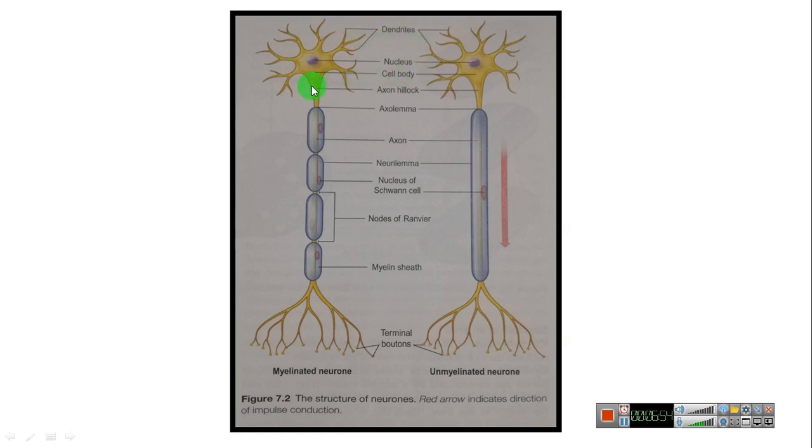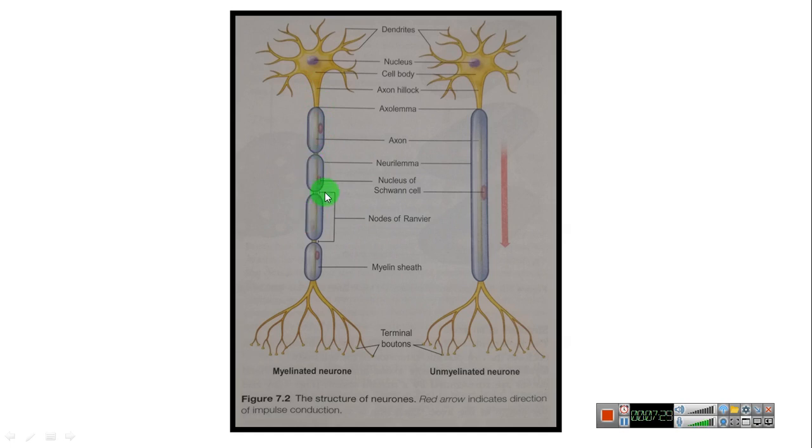This is the axon hillock, the axolemma, then the axon going through the nerve cell to the terminal. Then neurilemma, nucleus of Schwann cells, then nodes of Ranvier. There are some nodes along the axon.